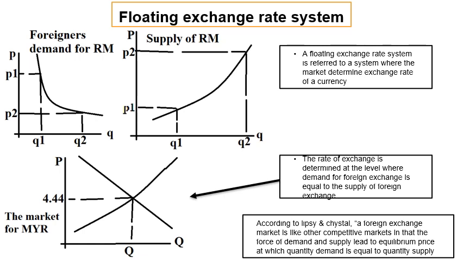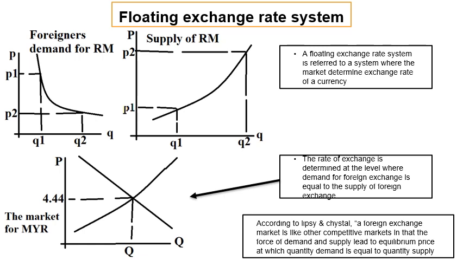In the case of Malaysia, for example, if the price of the Malaysian ringgit is P1, Q1 units of Malaysian ringgit are going to be demanded by foreigners, those who are outside of Malaysia. For example, if they want to buy certain products from Malaysia, they need to convert their local currency to Malaysian ringgit and then buy products from Malaysia, so that's why they are going to demand.